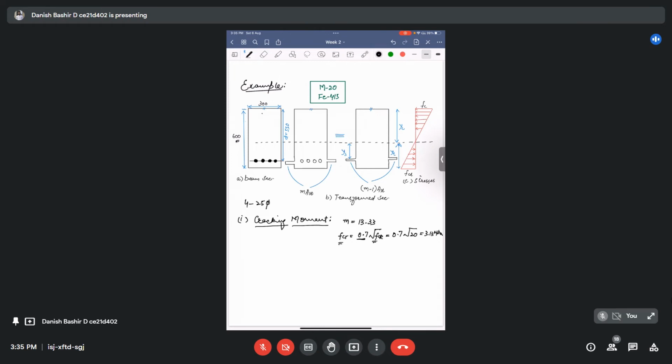If we change the unit of FCK to some other, this 0.7 will change. So here we have megapascal units, and here we have under root of megapascal units. So it also has some units. It's not just a number here. So we have to take care: if it is in megapascal, we have to put the value as megapascal, 20, giving 3.13 megapascal.